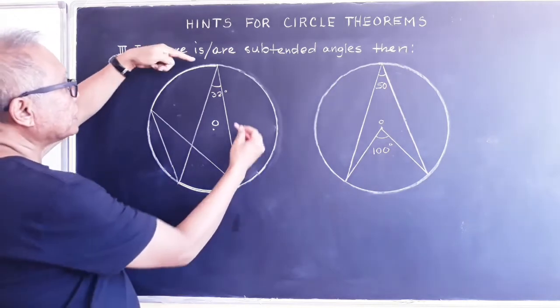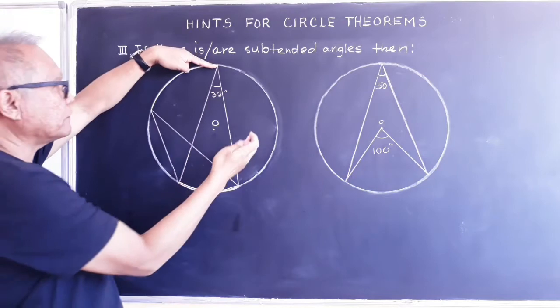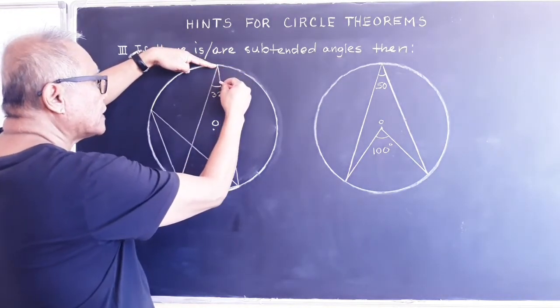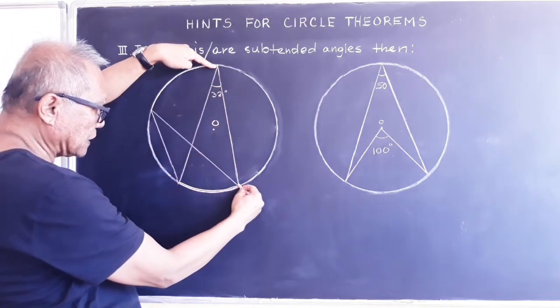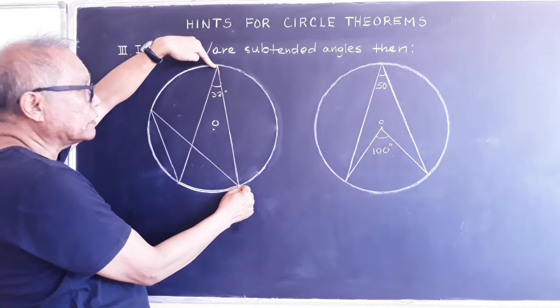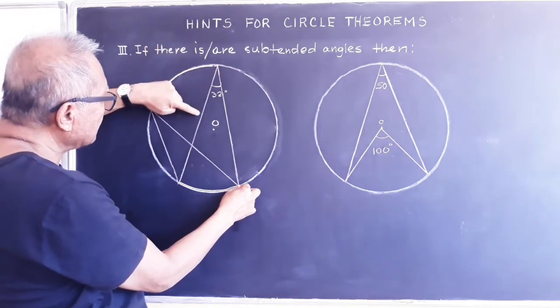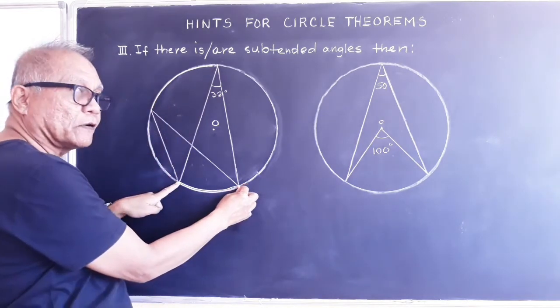We start from here, using my left finger and my right finger. My right finger will go down and trace the side of my angle until I reach this point here. Then my left finger will trace this line or this side of the angle here, and I stop here.